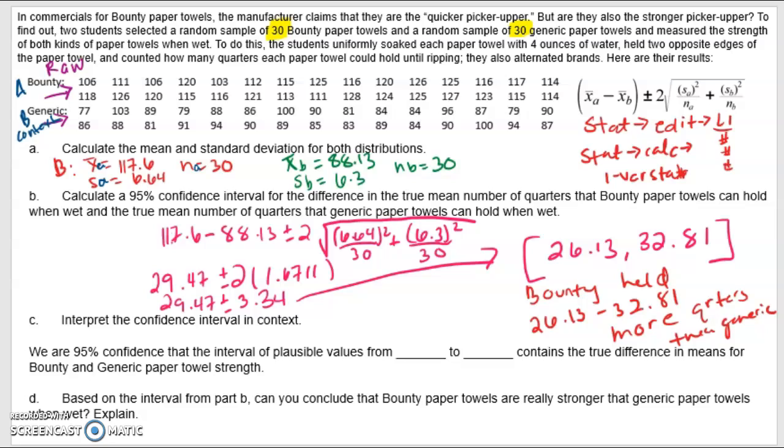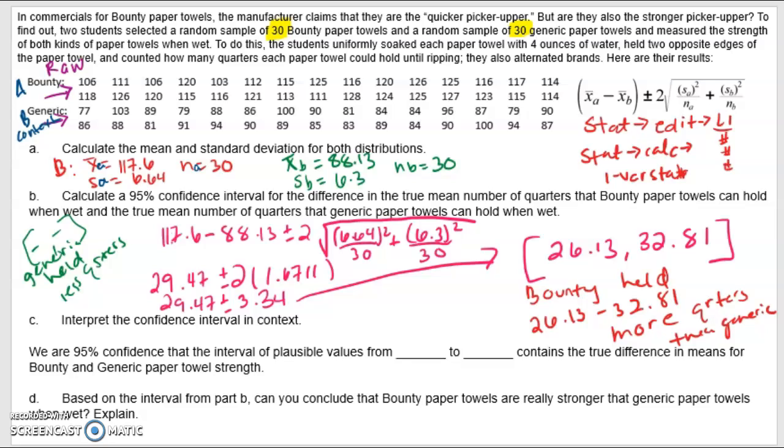If I had done it the other way around, so if I had said context A was the generic brand and context B was Bounty, then I would have ended up getting a negative confidence interval, in this case entirely negative, which means that generic would have held fewer quarters. Try to think about that real quick and see if that makes sense to you.